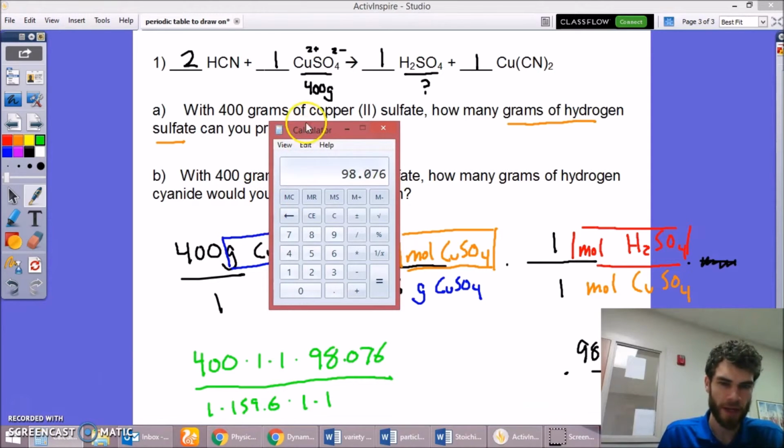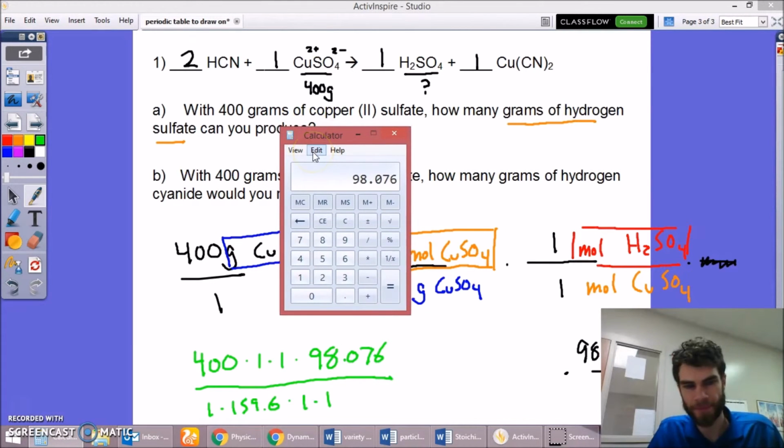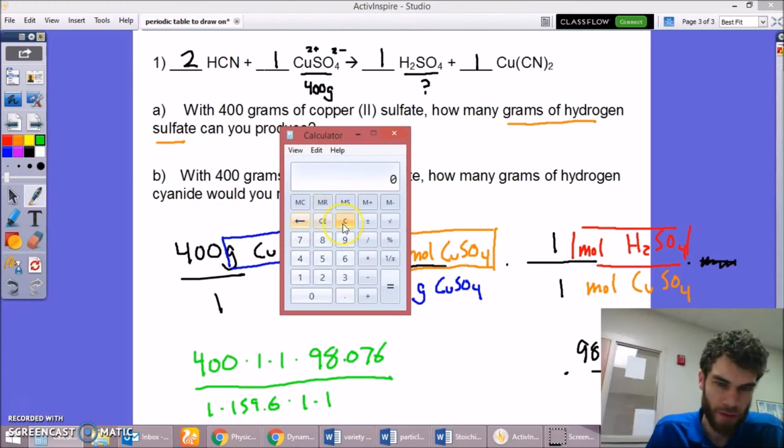So let's do that in the calculator. We have 400 times 98.076 divided by the number on the bottom, 159.6, equals 254.